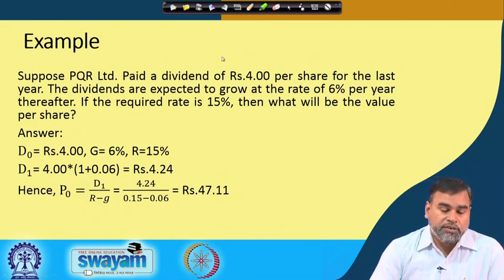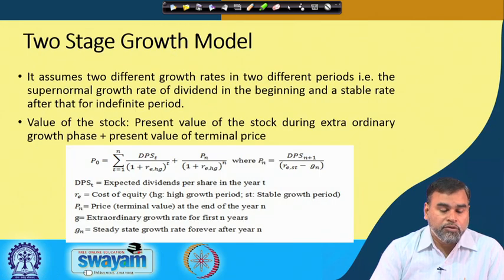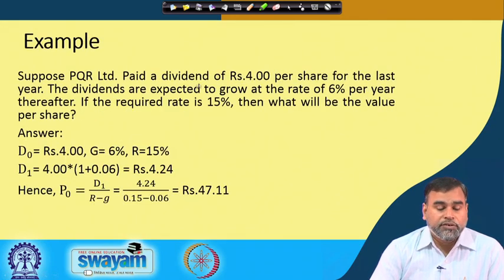But if you use that equation and find the value of that particular equity, let the dividend be 4 rupees, and the dividends are expected to grow at a rate of 6%, that means g is equal to 6%. The required rate of return is 15%, so r is equal to 15%. Then what will the value be? You can use that formula directly.